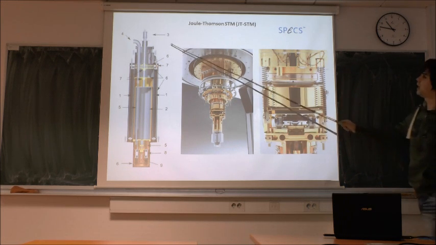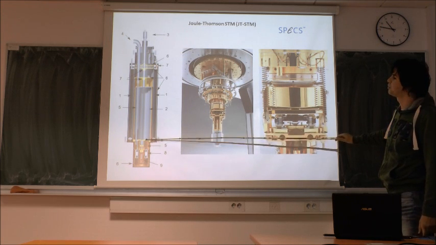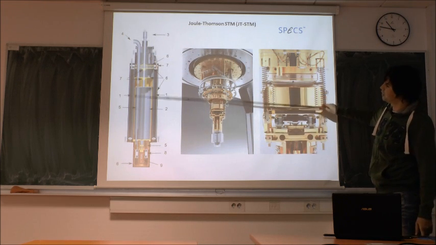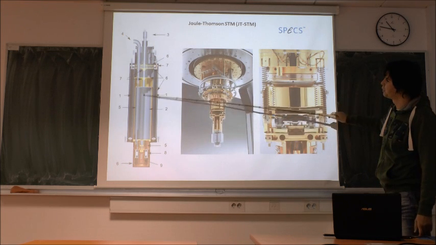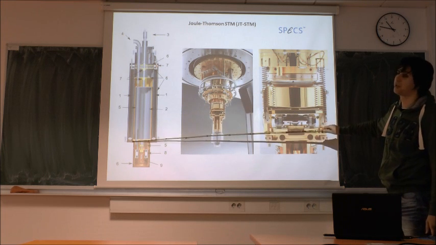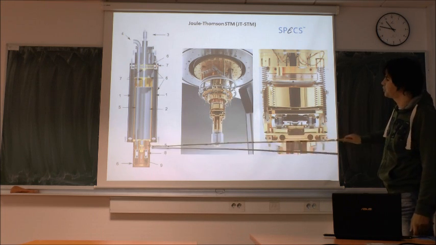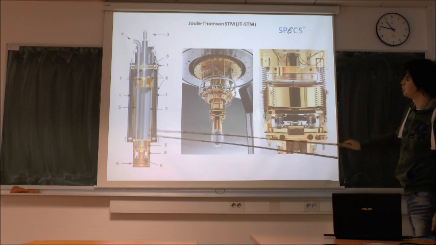This is basically the main part of the instrument. This is the cryostat, the Joule-Thomson cryostat. The upper part is very standard: you have a vessel which is filled with liquid helium, and around it a vessel filled with liquid nitrogen. You have some radiation sheets, and here on the bottom you have the so-called Joule-Thomson stage.